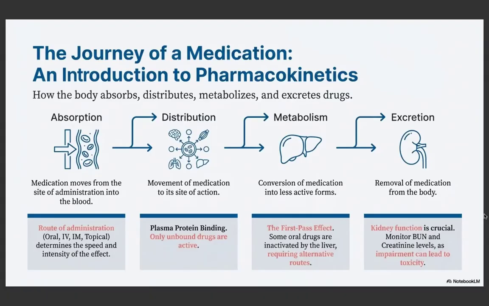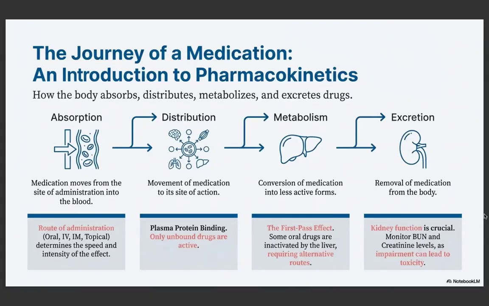Also, based on the route, it's going to go through something called first pass effect. First pass effect is all based on the liver's ability, because the liver and our kidneys are the heavy hitters for our drugs, right?